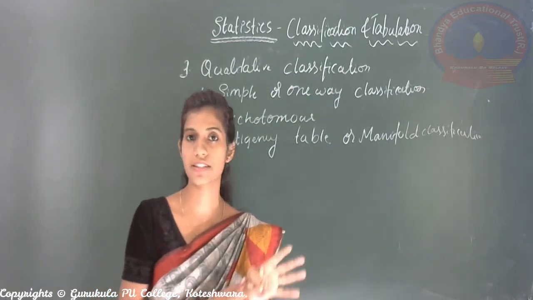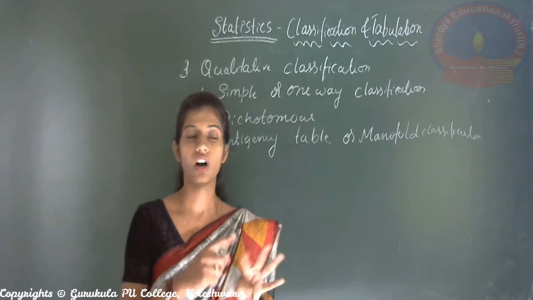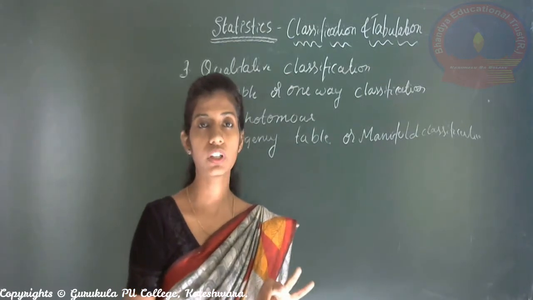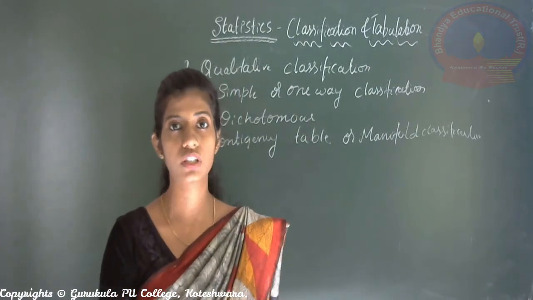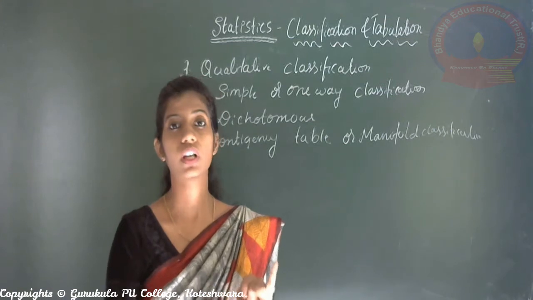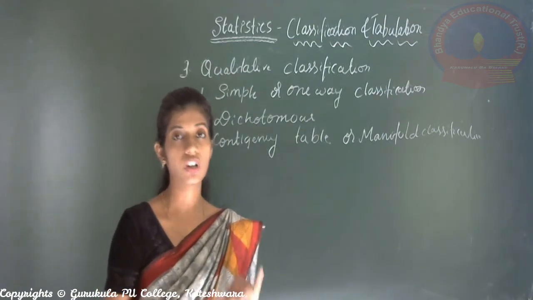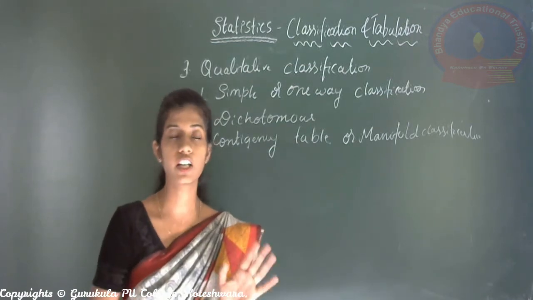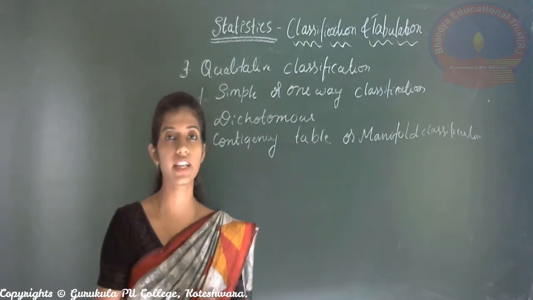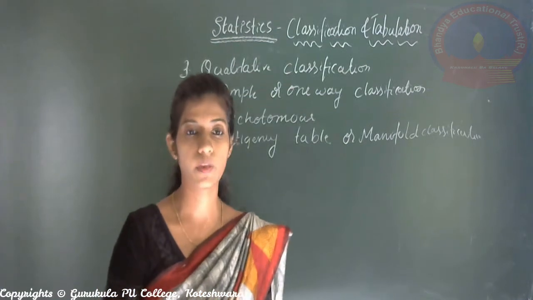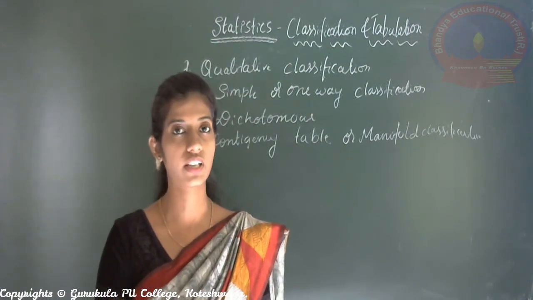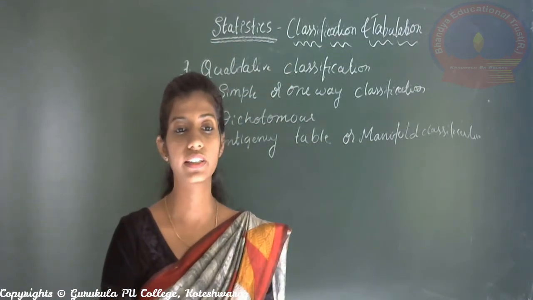Quality such as it may be gender, or it may be education, or it may be marital status. All these things are just information. We can't express them in terms of numbers. Such kind of data are known as qualitative data.